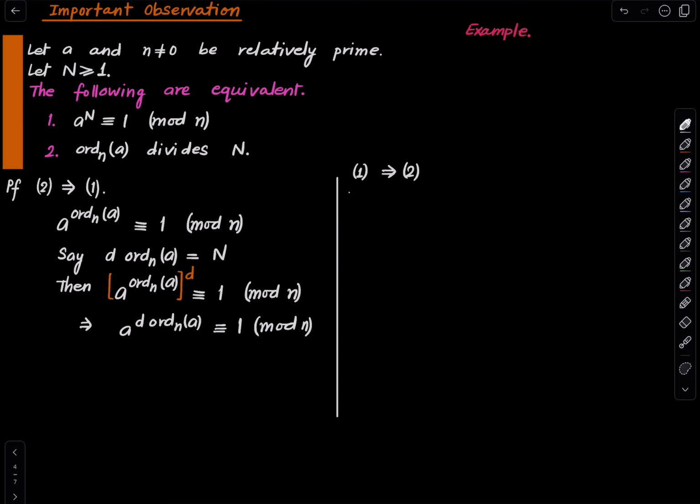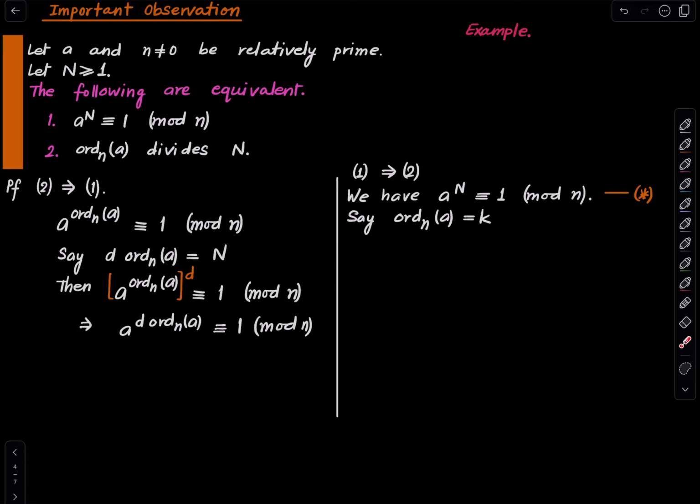For 1 implies 2, we have been given that this congruence holds. Let's say the order is k, and let me also denote this congruence by a star.